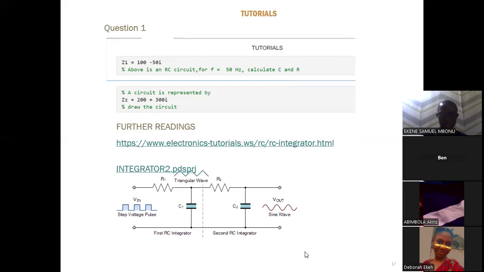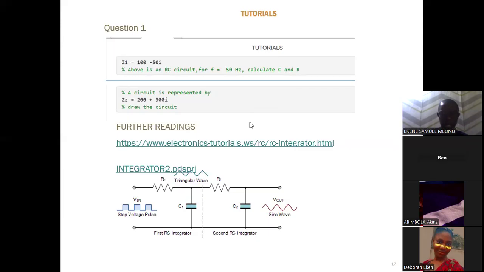Z1 is equal to 100 minus 50j. Above is an RC circuit. For f equal to 50 Hz, calculate C and R. Of course, R is equal to 100 ohms, and the reactive impedance is 50. So you can substitute into the appropriate equation and get your readings.